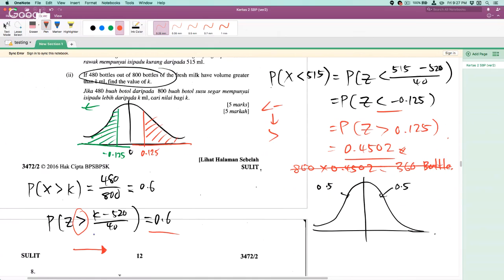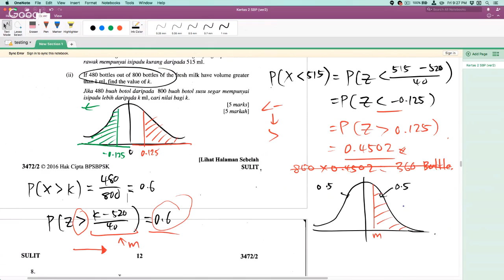So I have to think: let's say I call the Z value M. Does my M fall into the negative zone or the positive zone? A lot of students might say positive. So let's say I randomly draw one line on the positive side and assume this is M. Imagine if I shade toward my right hand side, no matter how I shade, there's no way I can reach the probability 0.6, because the maximum for this half is only 0.5.